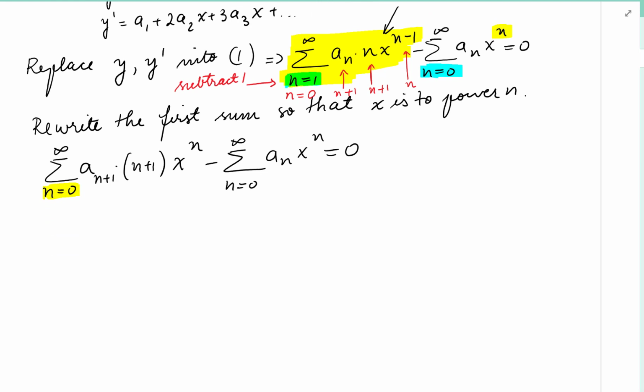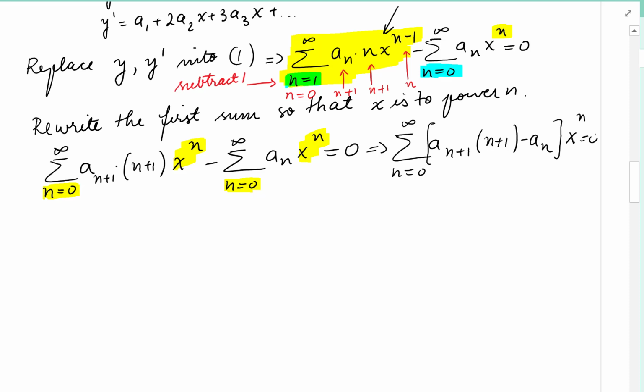Well, by rewriting the first sum so that the power is x to the n, we ended up with x to the n in both of them, and both started at n equals 0, which means we can compact this into only one sum, and it's going to be a sub n plus 1 times n plus 1 minus a sub n, everything times x to the n equals 0, right?